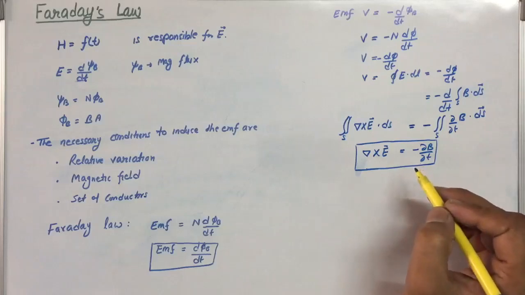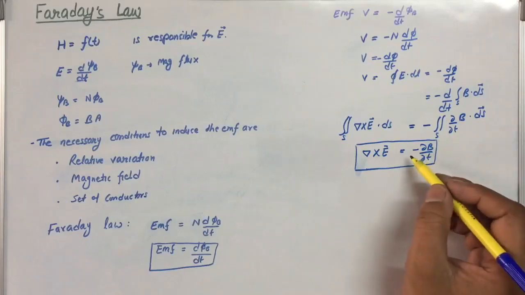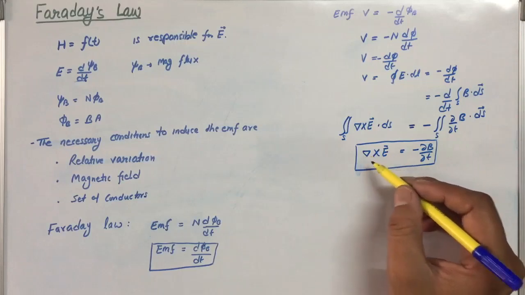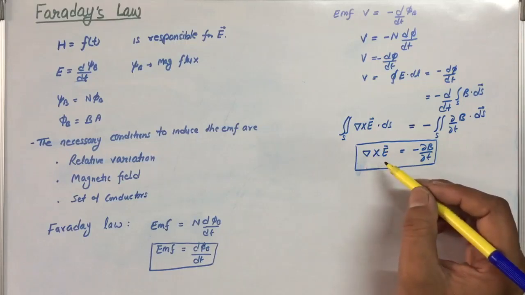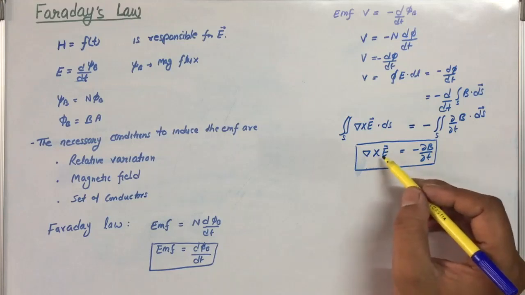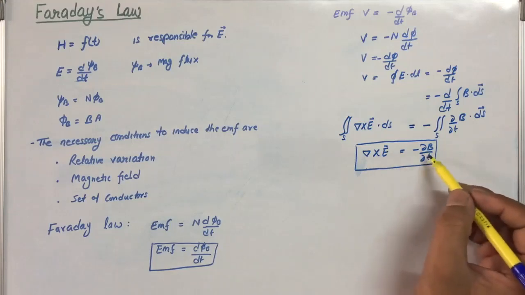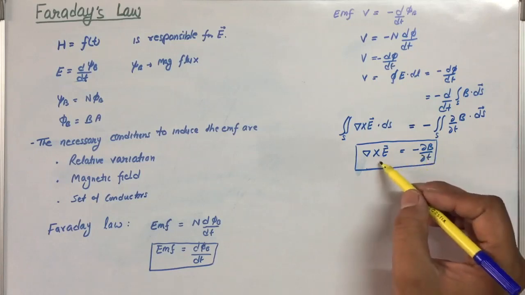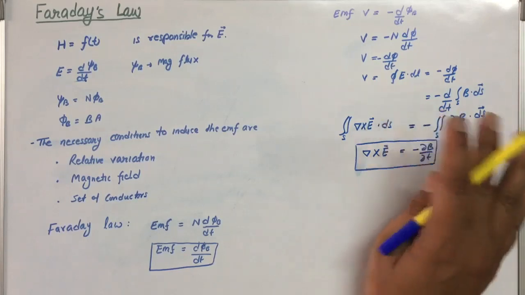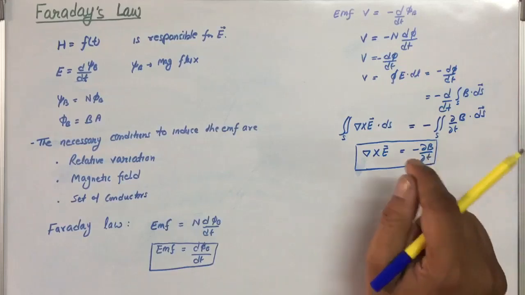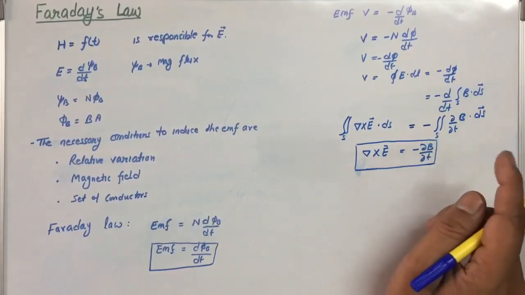This is the differential form of Faraday's law, and as we can see, the curl of E is non-zero. It means the field E is non-conservative and it is rotational.